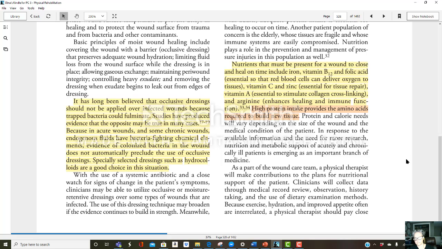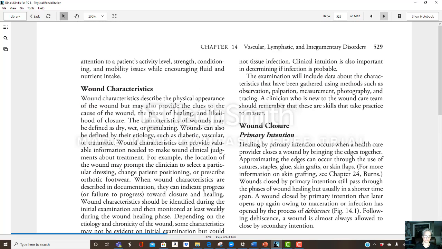Clinicians will collect data through medical record review, observation, history taking, and the use of dietary examination methods. Because exercise, hydration, and improved appetite often are interrelated, a physical therapist should pay close attention to a patient's activity level, strength, conditioning, and mobility issues while encouraging fluid and nutrient intake.